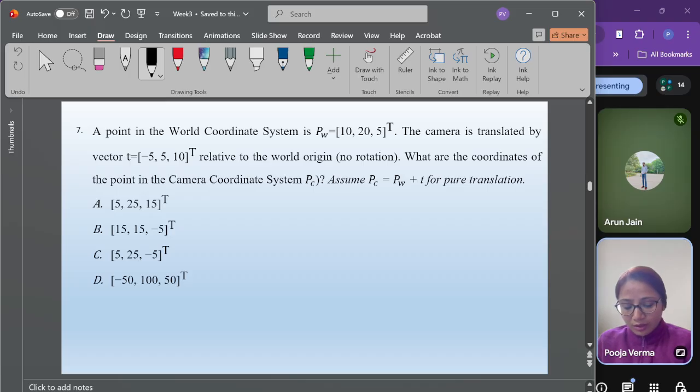Already we know the relation between the world coordinate system and the camera coordinate system.